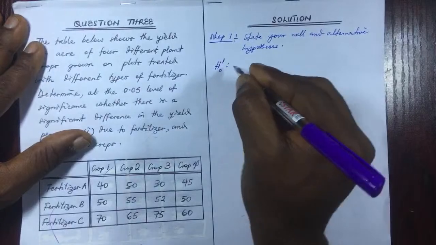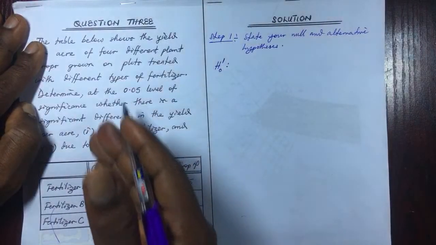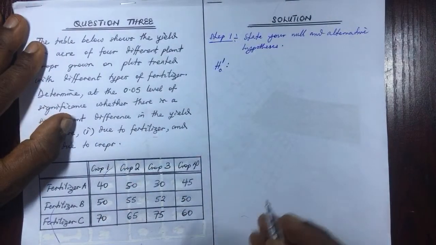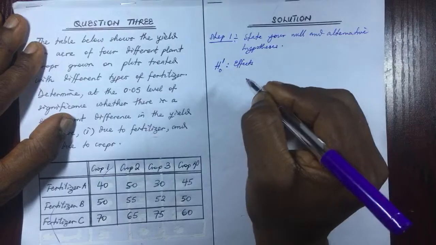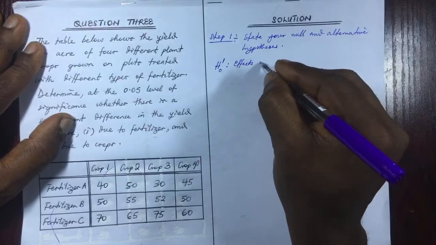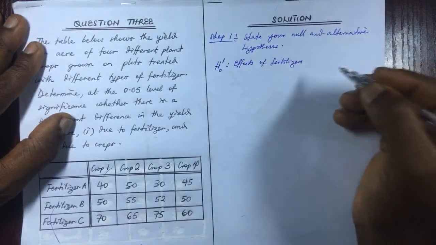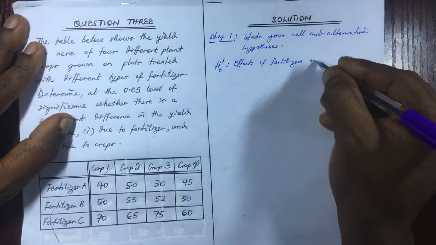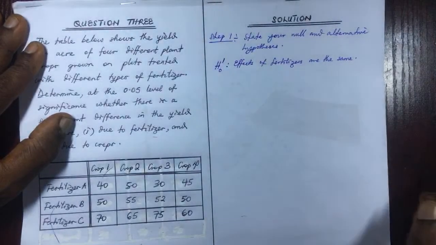For this particular problem, since fertilizers are taken as treatments and crops are taken as blocks, the first null hypothesis will be that the effects of fertilizers are the same, meaning that there is no significant difference in the effect of fertilizers.